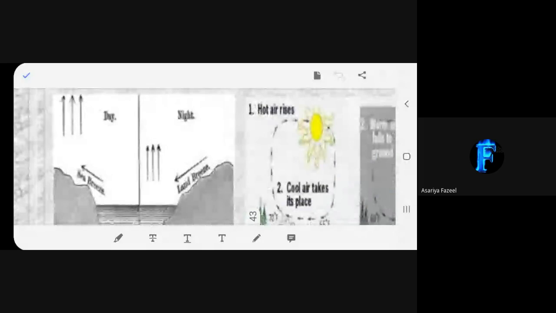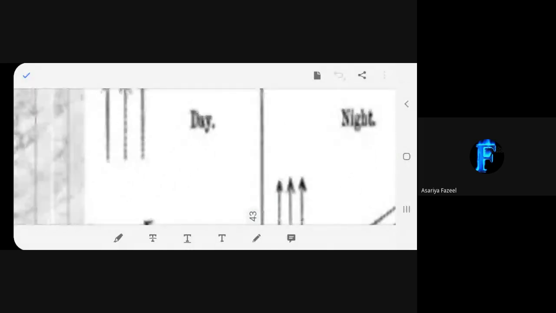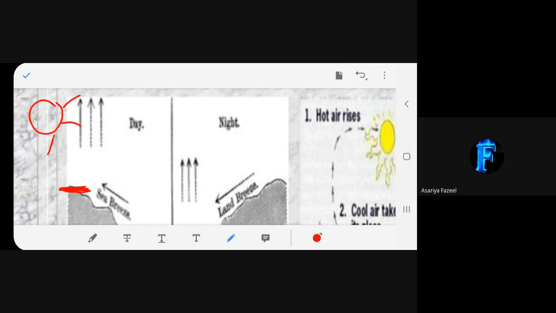So during daytime, the land gets heated up because of the sun, right, beta? The land gets heated up.